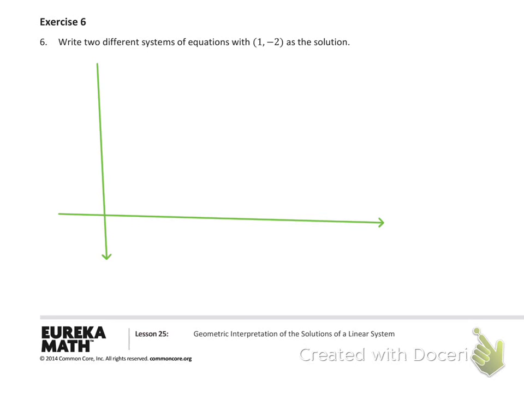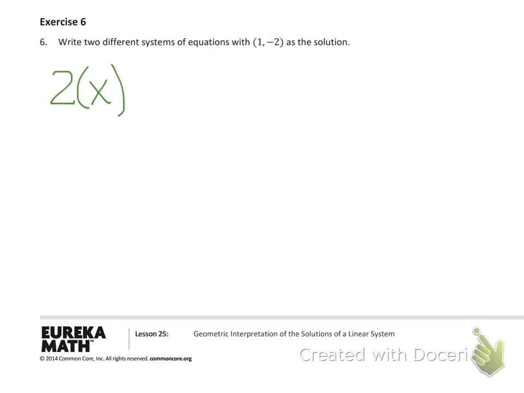Or you could just start plugging away, and if I wanted it to fit into, say, this equation, 2 times x plus y equals something, I could put in my point 2 times 1 plus y, which is -2.